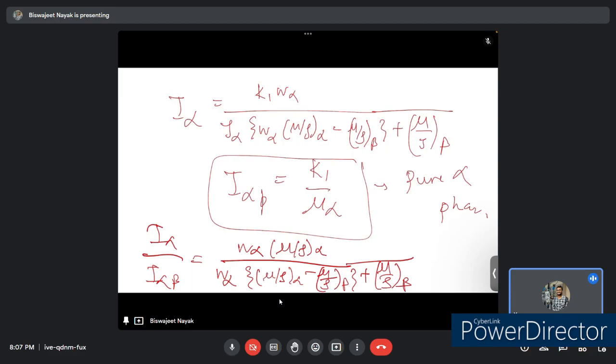So this equation permits the quantitative analysis of a two-phase mixture, provided that the mass absorption coefficients of each phase are known. These are known quantities. Then only we will be able to find it.